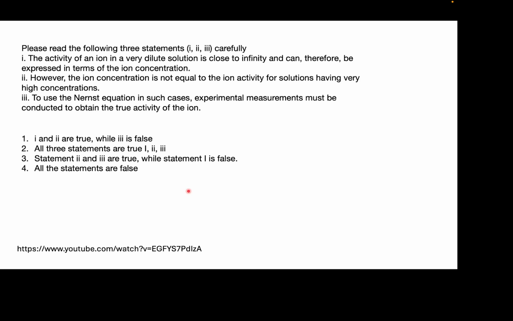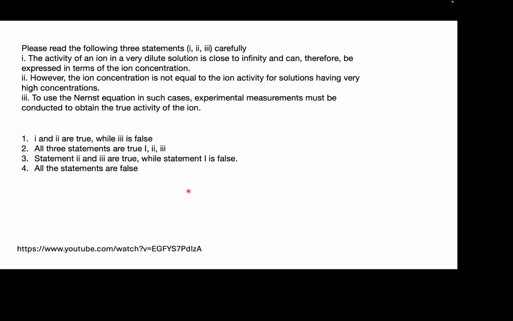However, the ion concentration is not equal to the ion activity for solutions having very high concentrations. To use the Nernst equation in such cases, experimental measurements must be conducted to obtain the true activity of the ions. So these are the statements and we need to tell which option is correct.